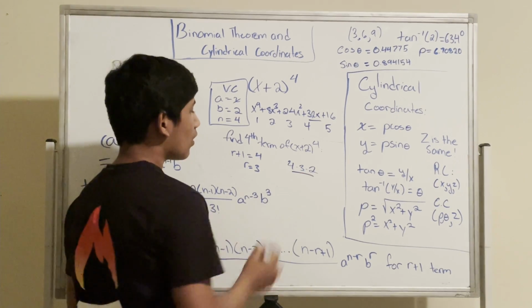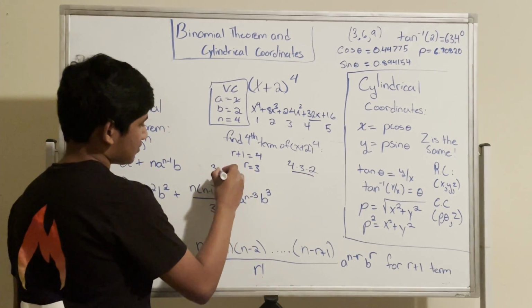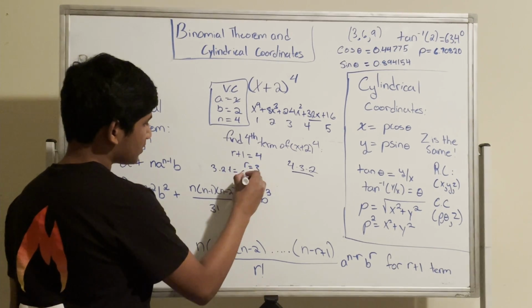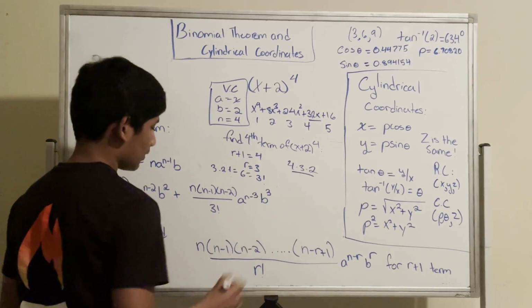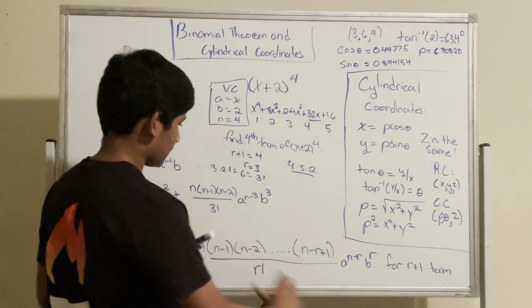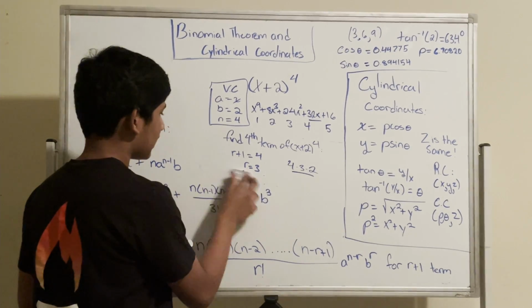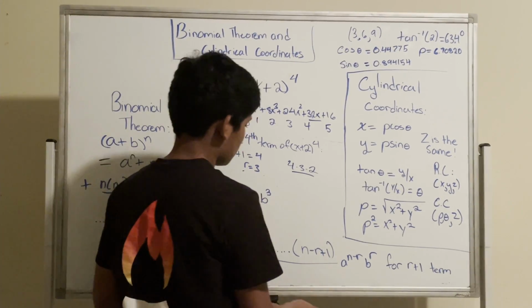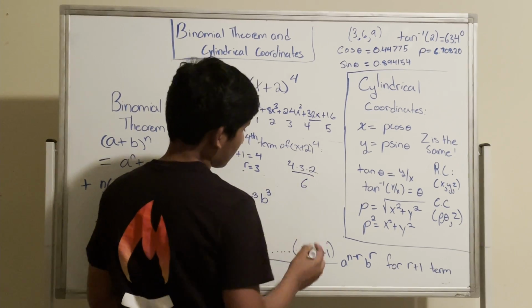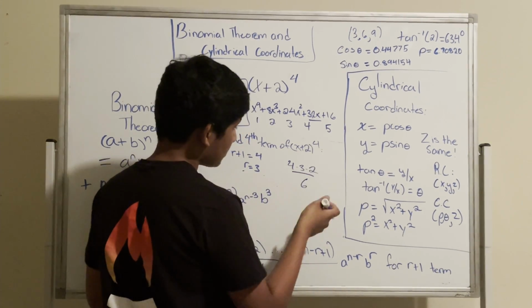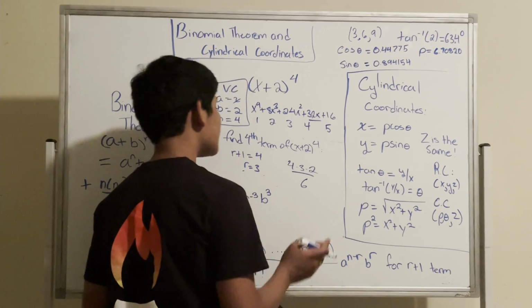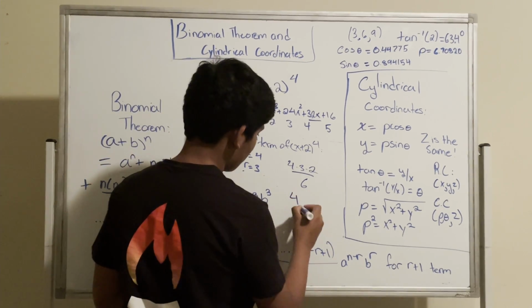Now, what is r factorial? r is 3. 3 times 2 times 1 is equal to 6, which is 3 factorial. So essentially, 6 is going to be our denominator. Now, let's first compute this. 4 times 3 is 12, 12 times 2 is 24, 24 over 6 is going to equal 4.